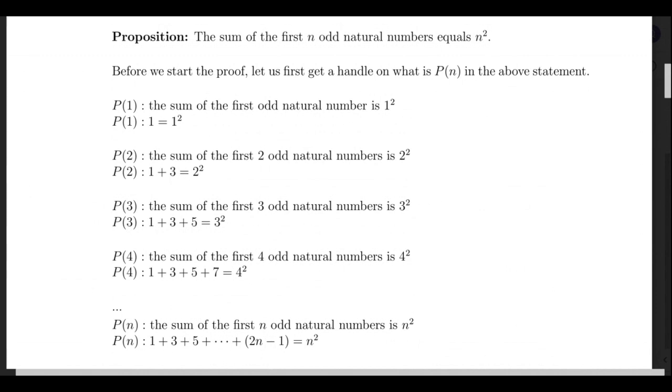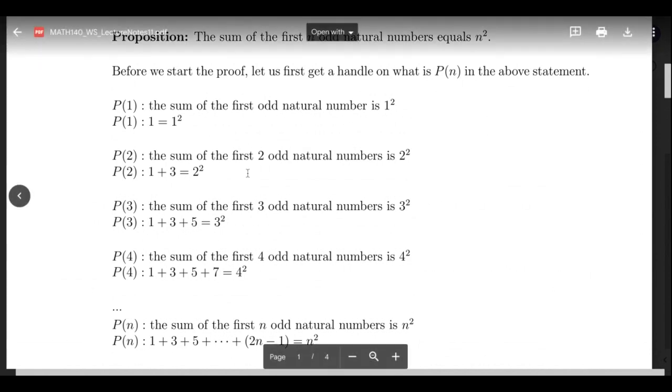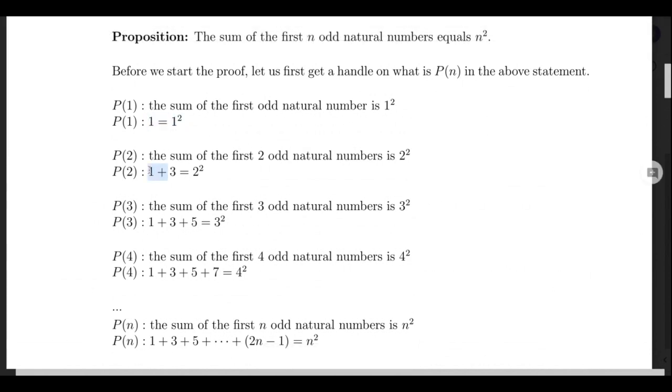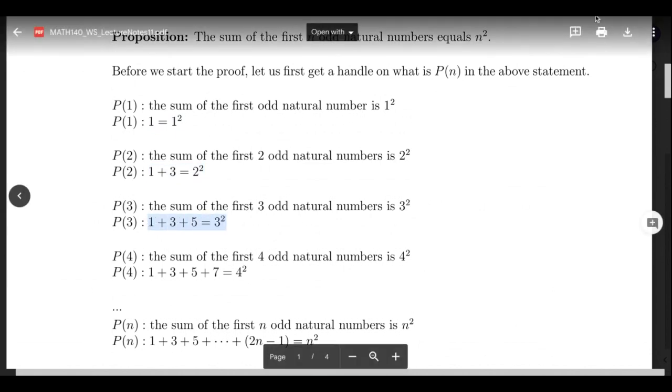Natural numbers are 1, 2, 3, 4, 5, so on and so forth, right? Then odd natural numbers are 1, 3, 5, 7, 9, 11, so on and so forth. So 1 equals 1 squared, which is true. So 1 plus 3, the sum of two odd natural numbers is 2 squared. The sum of 3 odd natural numbers is 3 squared.